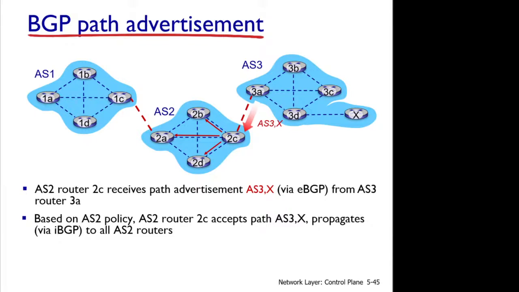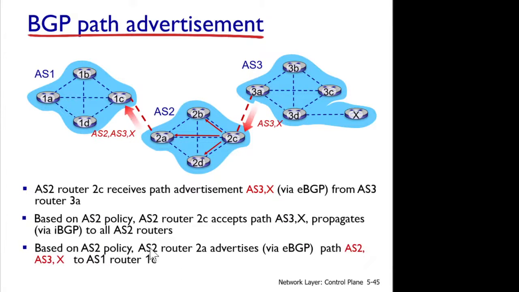So based on AS2 policy, usually the policy is just simply to accept it, but not necessarily. So let's say it's accepted here, AS3 X has just been sent in here, it's accepted, and now it's being sent to all other AS2 routers via iBGP. Based on AS2 policy now, the AS2 router 2A will advertise this new information to AS1.